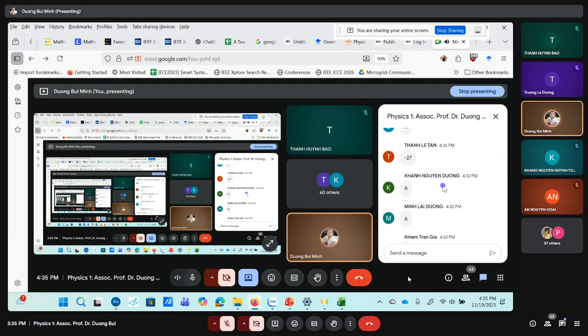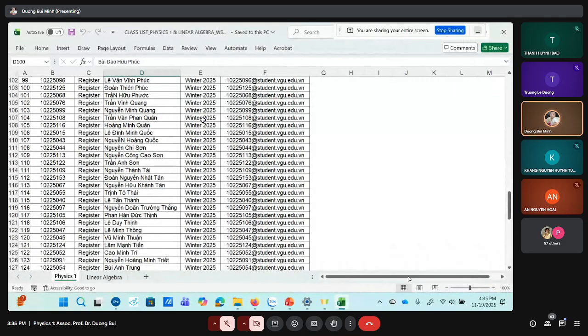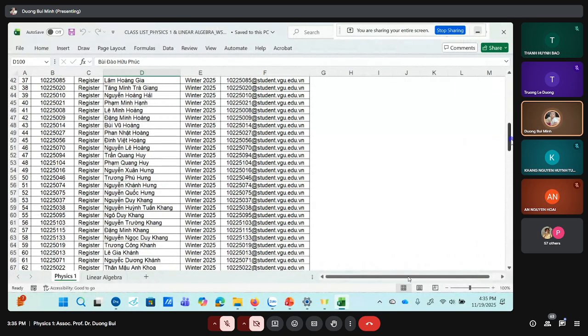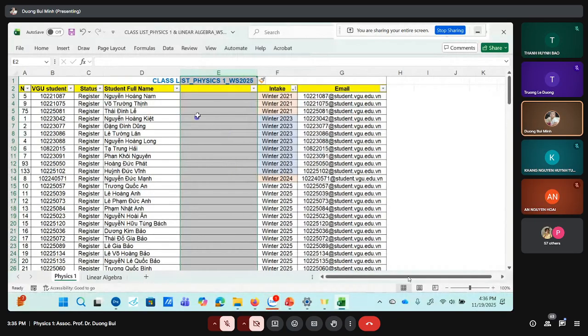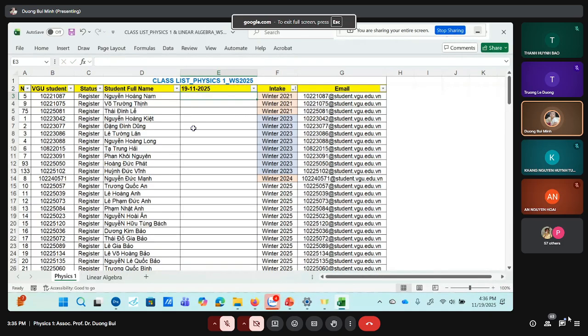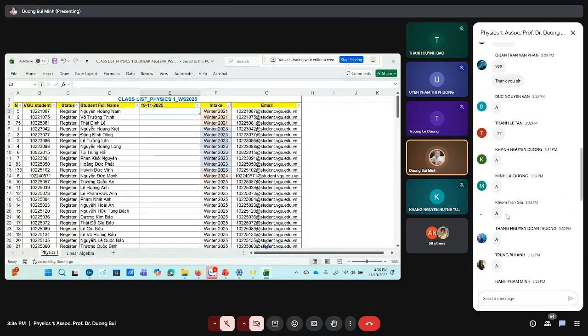After we finish the lectures, come to the TAs to keep your actual points in the Excel file. So TA, please make a column here. For example, you type this is 19, 11, 2025, and someone gets 1%. Something like that.